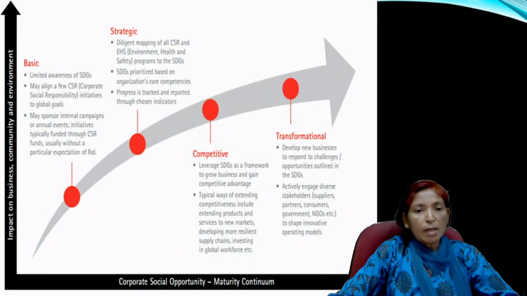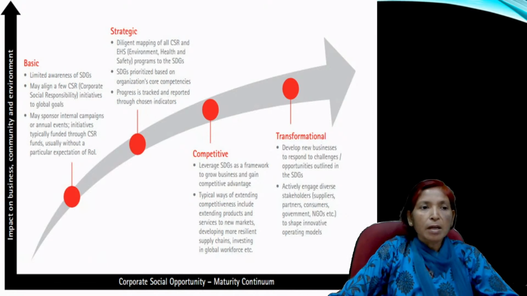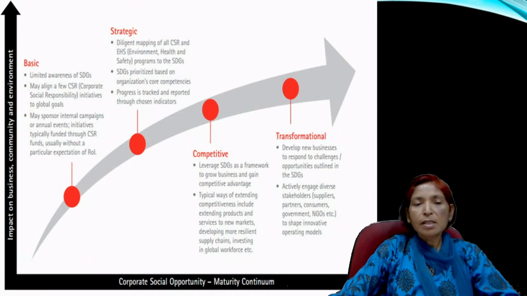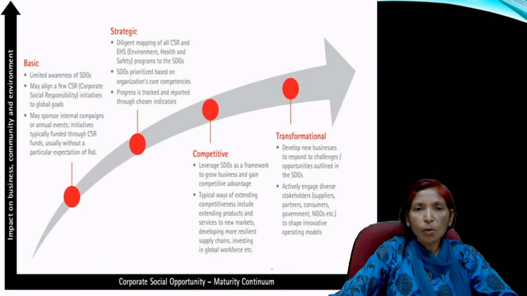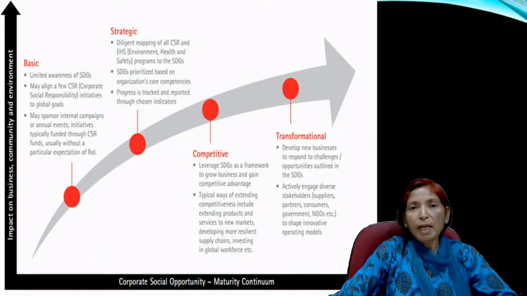Next, number one, corporate social responsibility should do these four things, like basic. First is limited awareness of sustainable development goals. SDG means Sustainable Development Goals. There are about 17 Sustainable Development Goals, decided by the UN for the whole world.